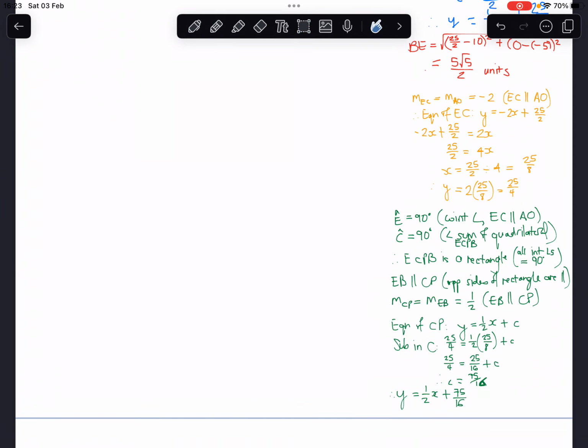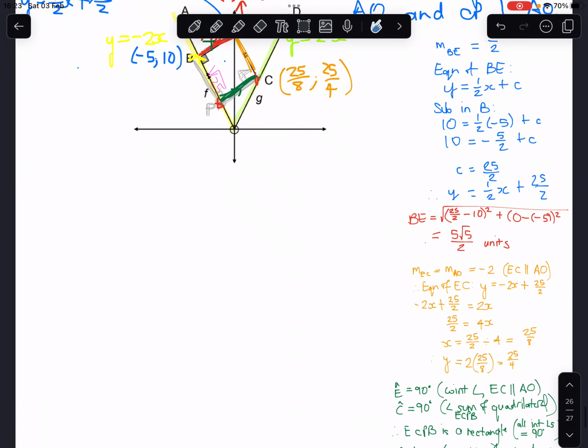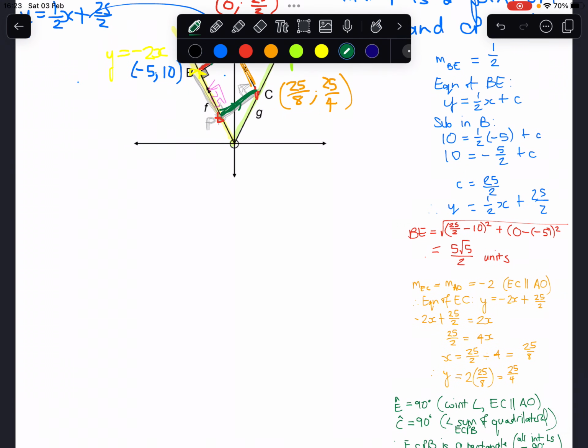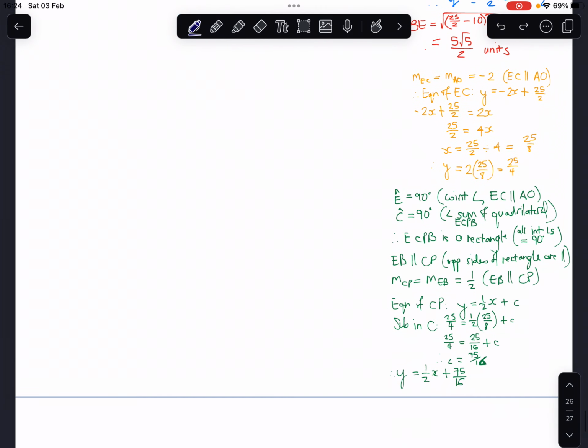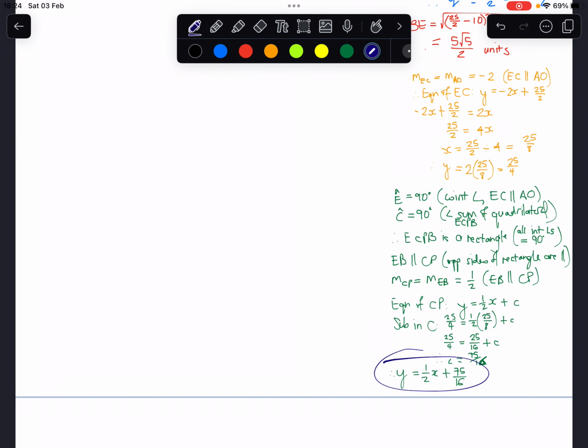Okay, right, so we are finding the point of intersection between y is equal to negative 2x and y is equal to a half x plus 75 over 16.